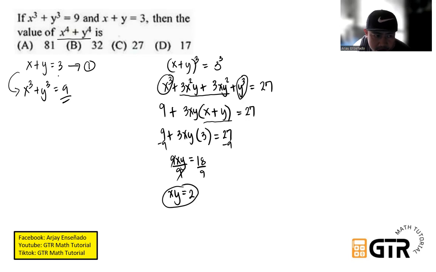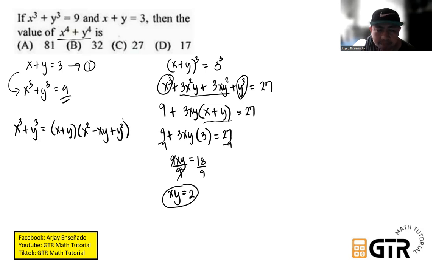And then, from x cubed plus y cubed equals 9, we can factor this. We have a formula for the sum of 2 cubes: x cubed plus y cubed is equal to x plus y times x squared minus xy plus y squared.